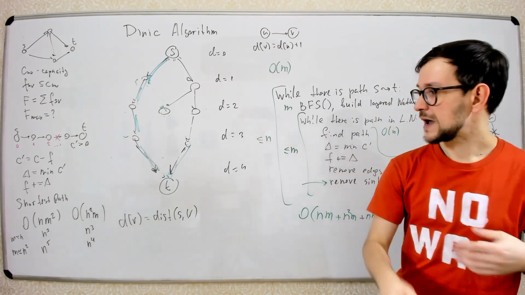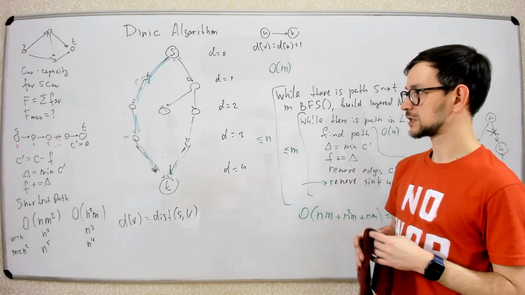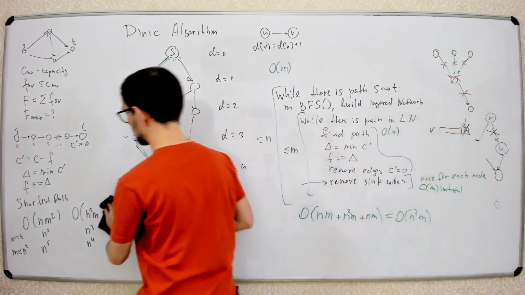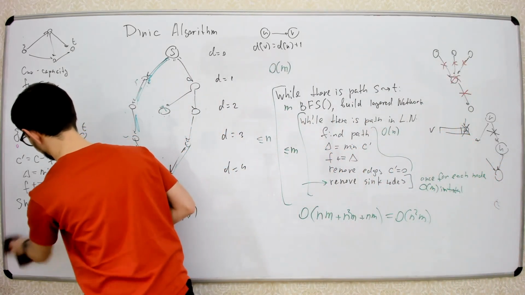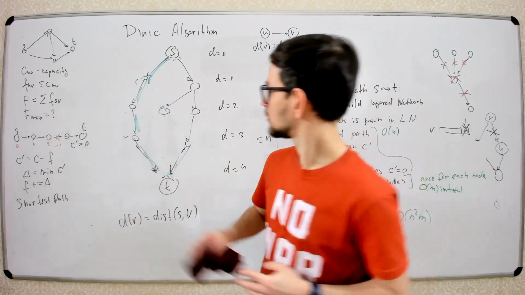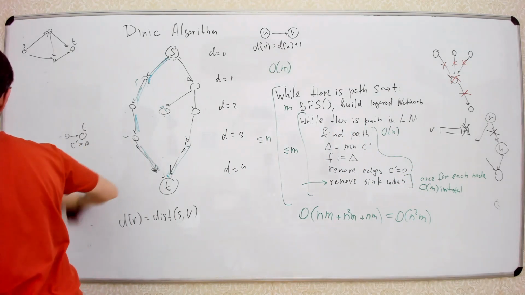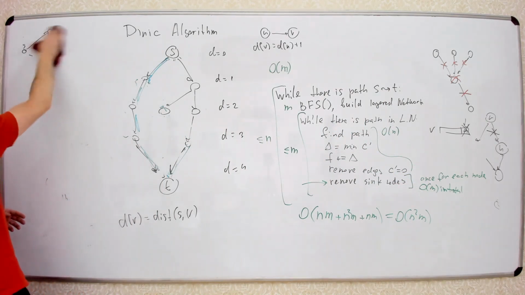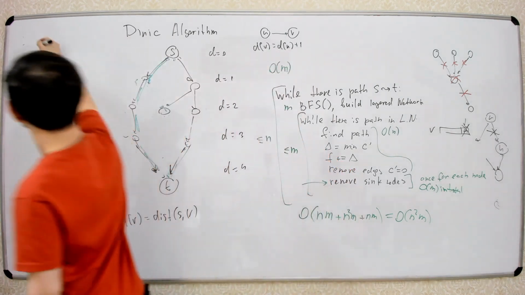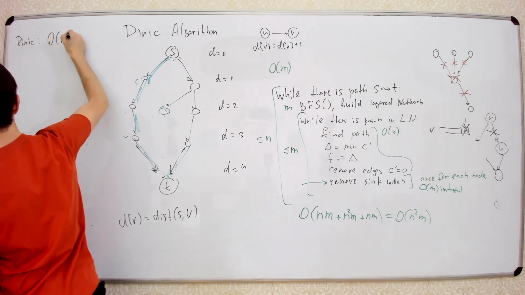So if you add the scaling to this algorithm, you will have a time complexity something like this. Let's keep track of what we actually achieved today. The simple Dinic algorithm has time complexity n squared m.